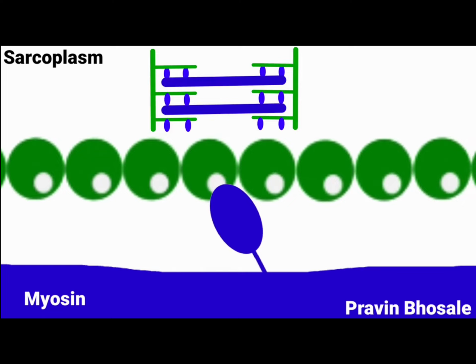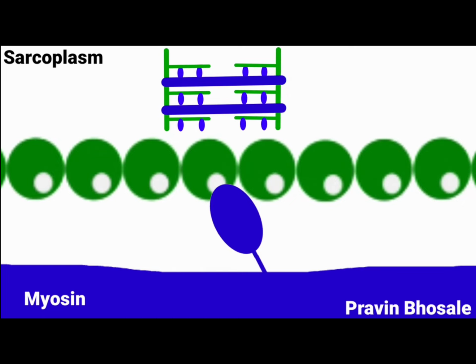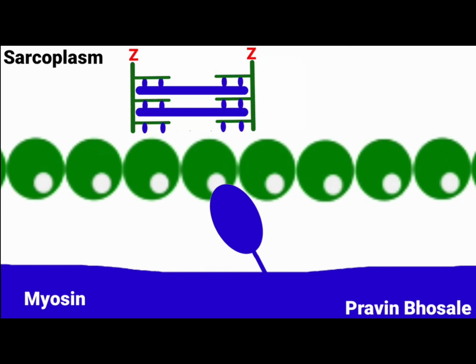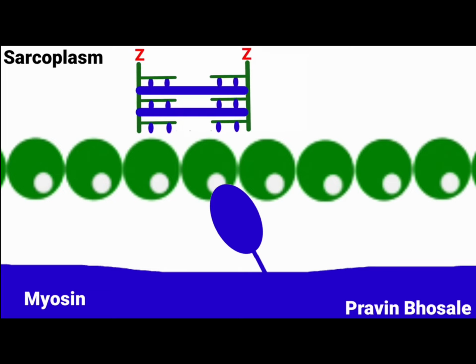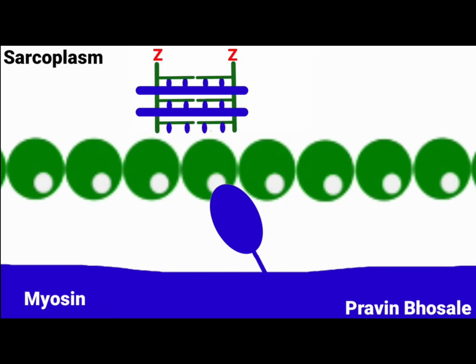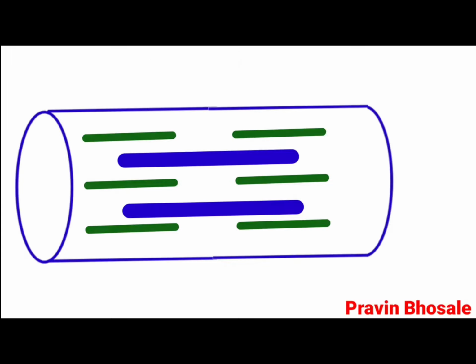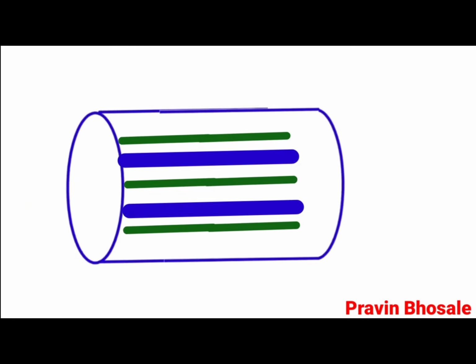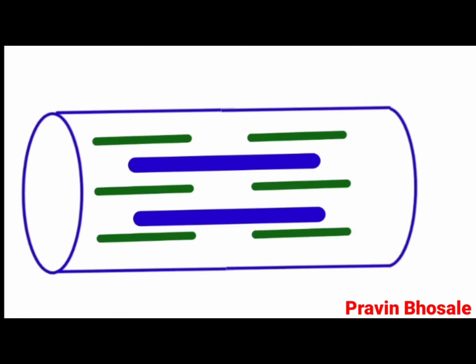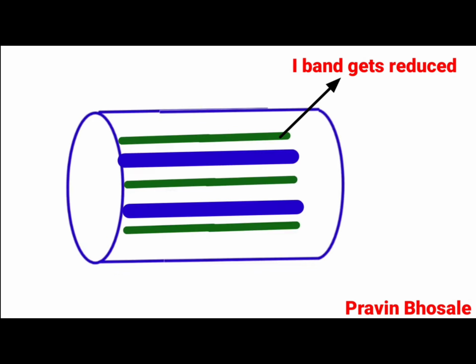So you can see over here, the Z line attached to this actin is pulled inwards, thereby causing a shortening of the sarcomere, that is, contraction. So it is clear that during shortening of muscle, that is, contraction, I bands get reduced, whereas the A band retains its length.